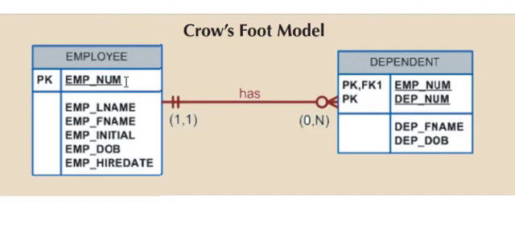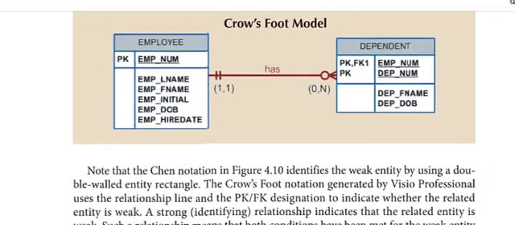And the answer is no. I'm not going to add someone to this table if their parent or whatever is not employed here. So notice that the minimum, this is a mandatory, it's not optional. So employee number comes over here as a foreign key, and it is not optional. So dependent is existence dependent on employee.